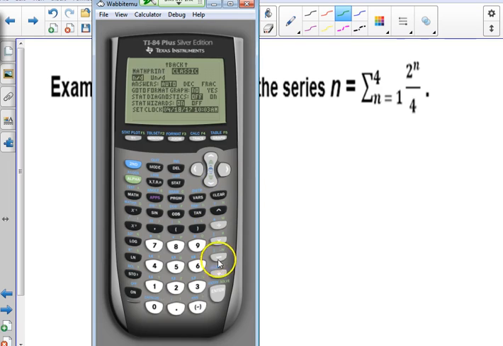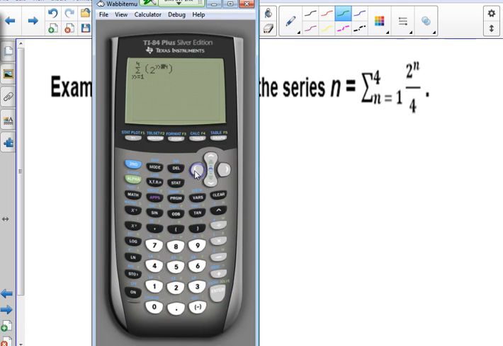The new one looks like this. It's sweet. You just type the numbers in. You say n1, and you use n always. And this guy up here, you want to end at term 4. And then over here, you put the formula, which was 2 to the n divided by 4.